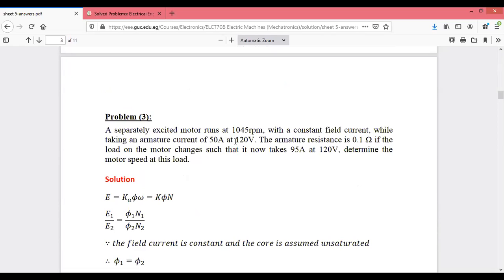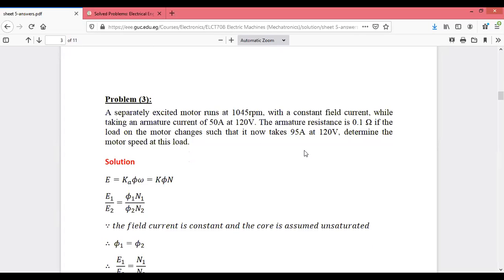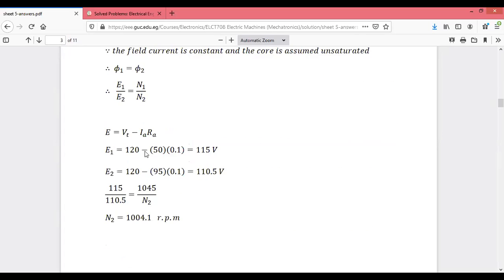When 120 volt and speed 1045, the current is 50 ampere, and the next time the current is 95 ampere. So you can take that value as 120 minus 50 into 0.1, and again 95 in place of 50. If you solve, you will get E1 equal to 115 volt, E2 equal to 110.5. So we are saying E1 by E2 equal to N1 by N2.